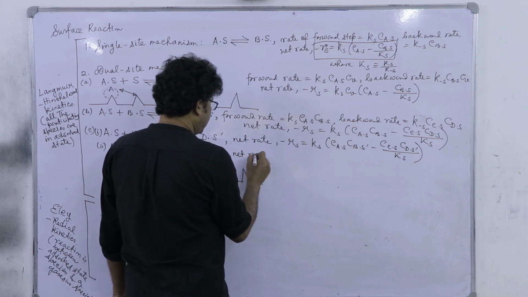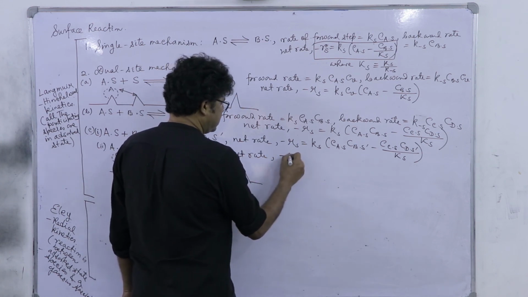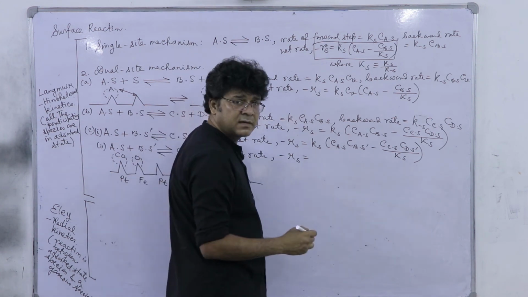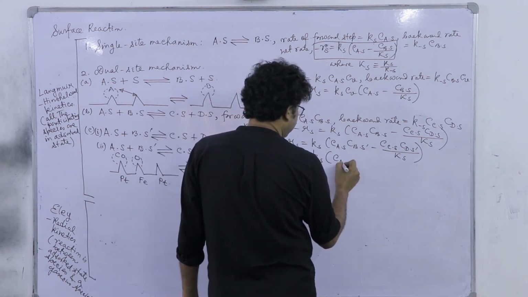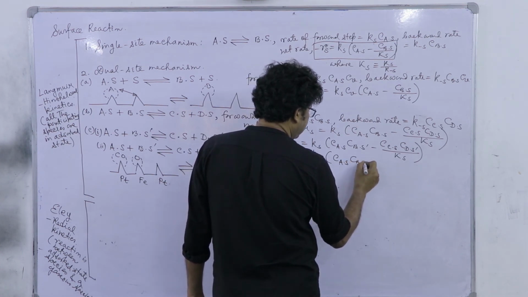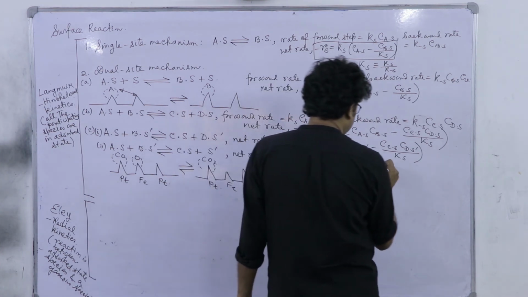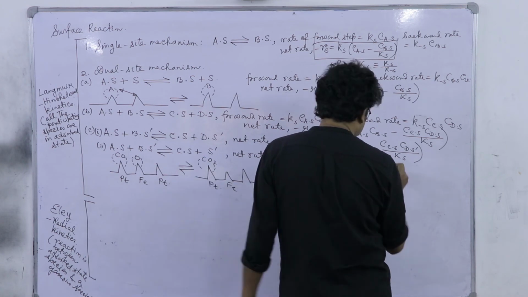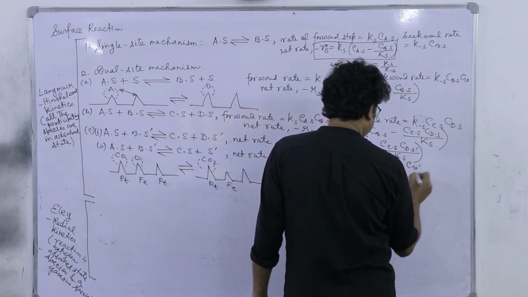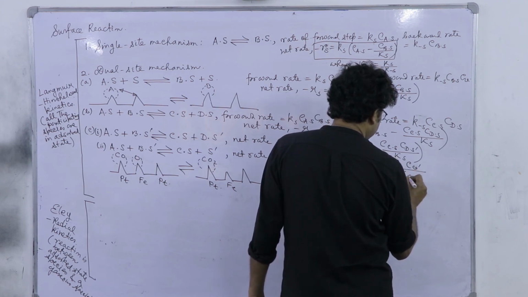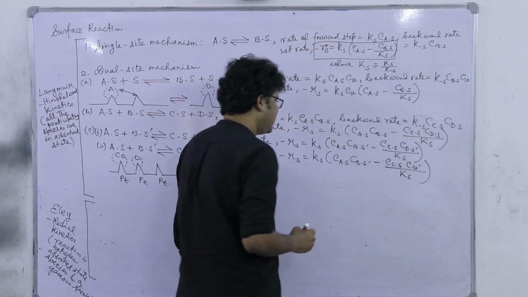And here the net rate, minus Rs, is equal to Ks C of A·S, C of B·S', minus C of C·S into Cv' divided by Ks.